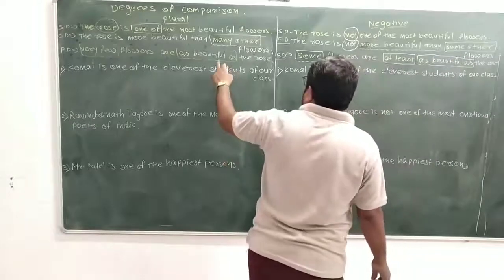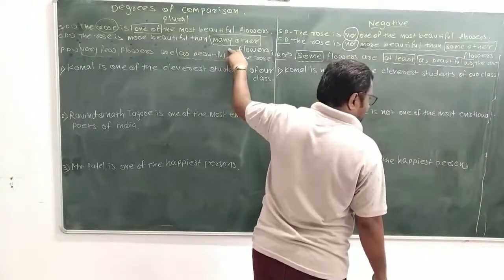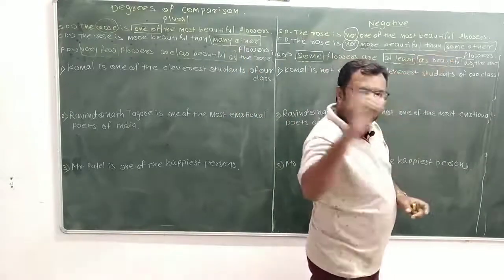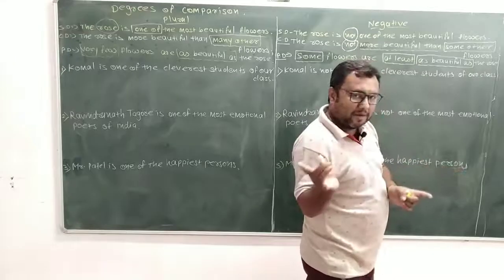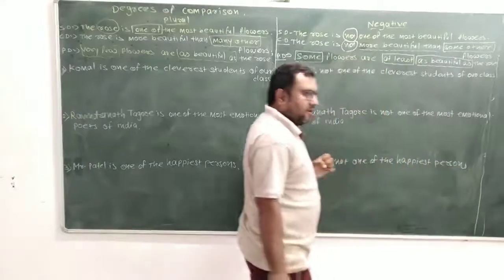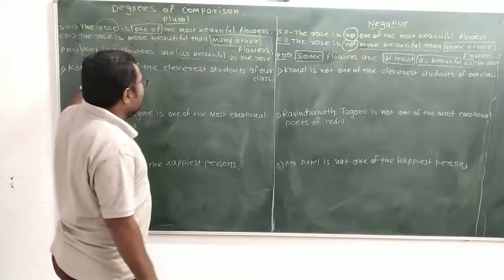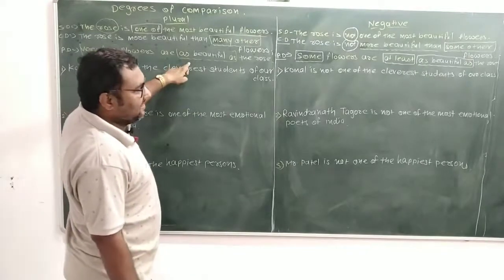For the positive given here, we can write many other, and for the negative sentence we can write some other. Many other, some other. Next, in affirmative sentence, positive degree, we use very few are as as.